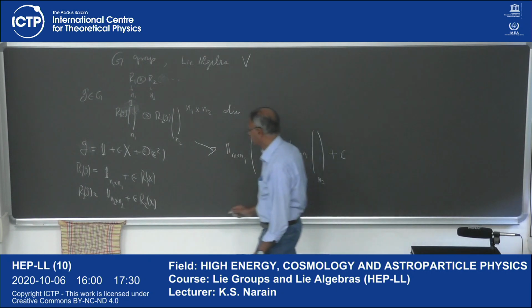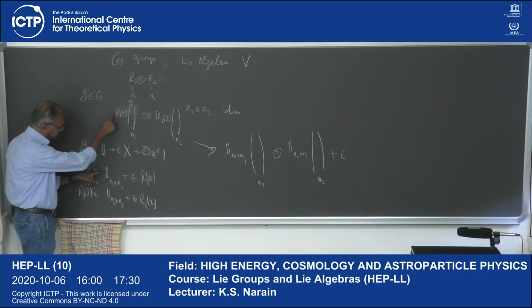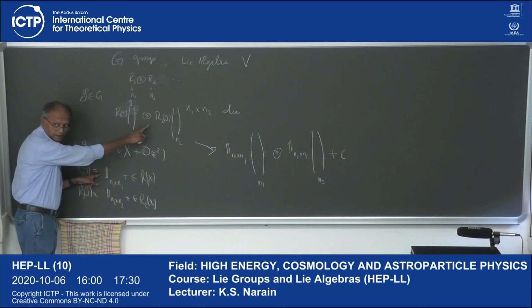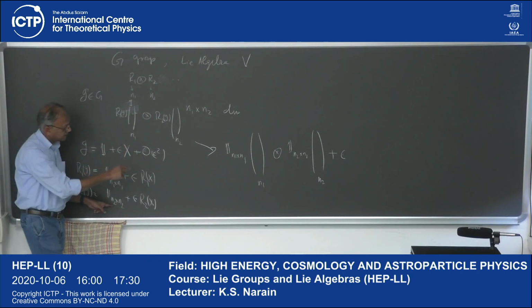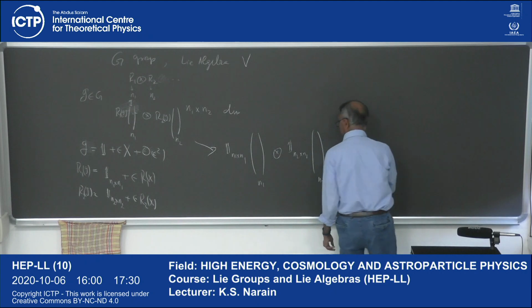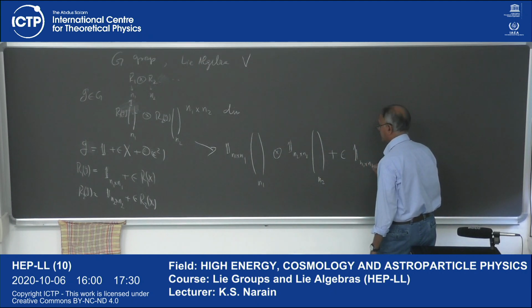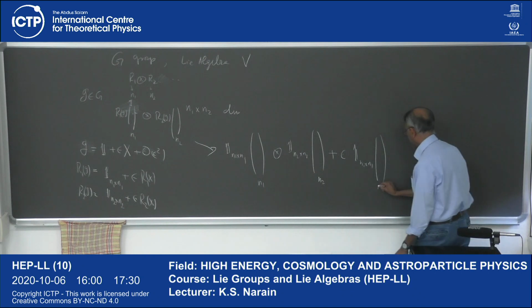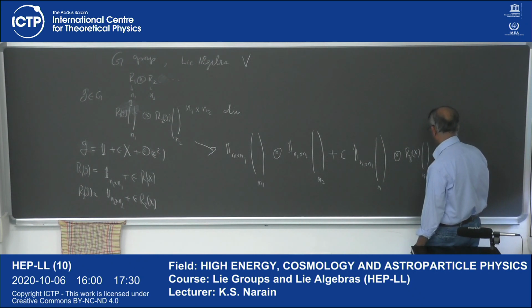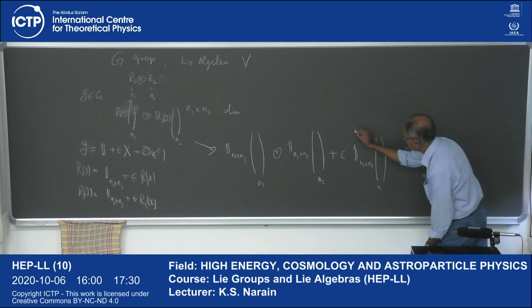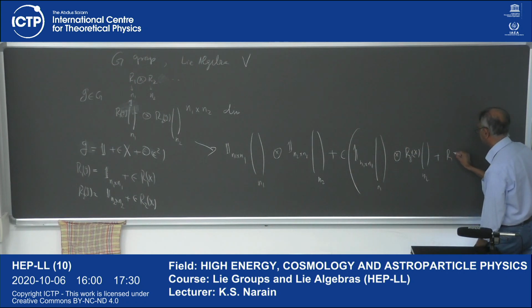This can come from two possibilities: I take the identity from here and the epsilon term from there, or the epsilon term from here and the identity from there. Therefore, one term will be identity N1 by N1 acting on this times R2(x) acting on this N2 vector, plus the other, R1(x) acting on the N1 vector times identity N2 by N2.